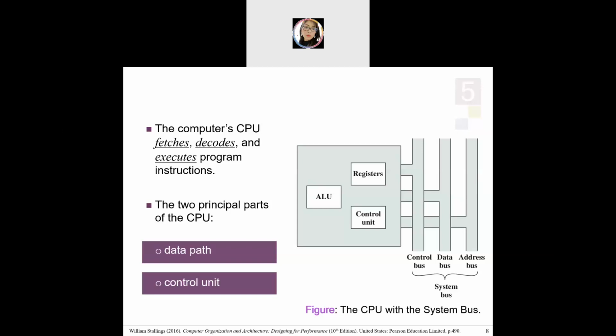Okay, the computer CPU fetches, decodes, and executes program instructions. So this is one of the functions of your CPU. There are two principal parts of the CPU, which are the data path and also the control unit.